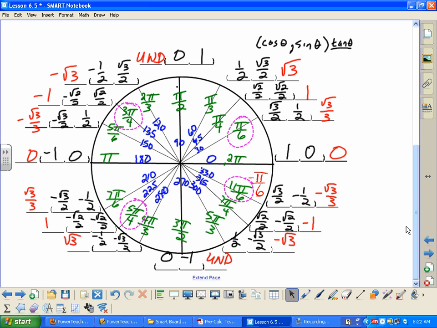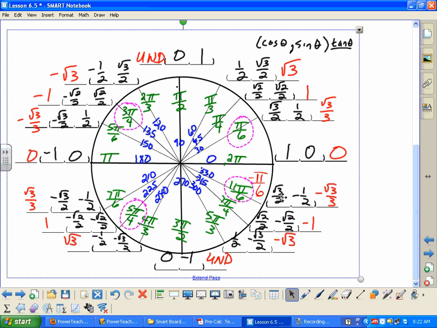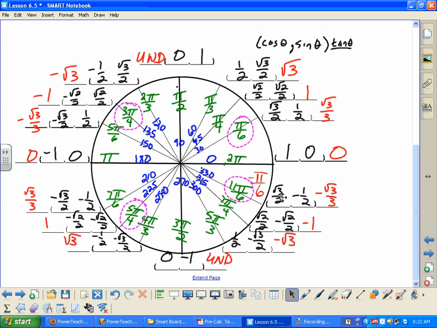So if I take the cosine of a negative angle, it's equal to the cosine of the positive. We showed 2 examples there where square root of 3 over 2 and square root of 3 over 2 were the same, and negative square root of 2 over 2 and negative square root of 2 over 2 are the same. For sine, the signs changed: positive 1/2, negative 1/2, positive square root of 2 over 2, negative square root of 2 over 2.